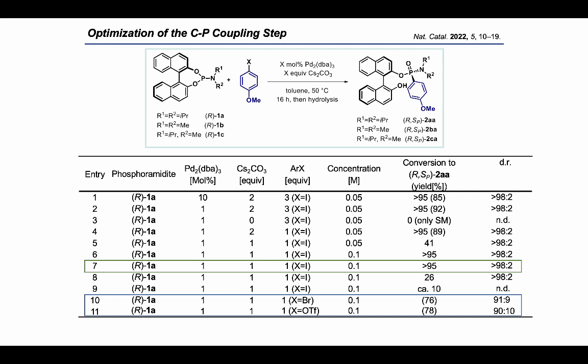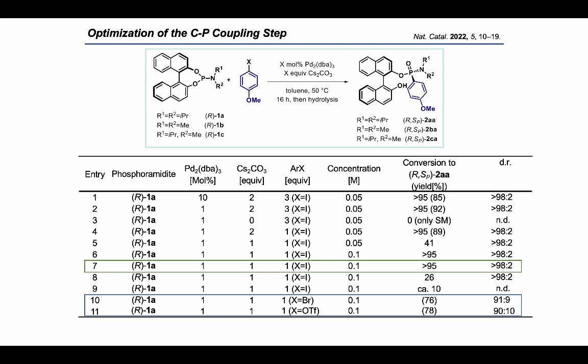Our initial experiments were a great success as shown in entry 1, and a comprehensive reaction optimization reveals that the P-arylation proceeds using para-iodoanisole in the presence of Pd2(dba)3 as catalyst, cesium carbonate as base, with quantitative conversion and excellent diastereoselectivity towards the C-P coupled product 2AA as highlighted in green.